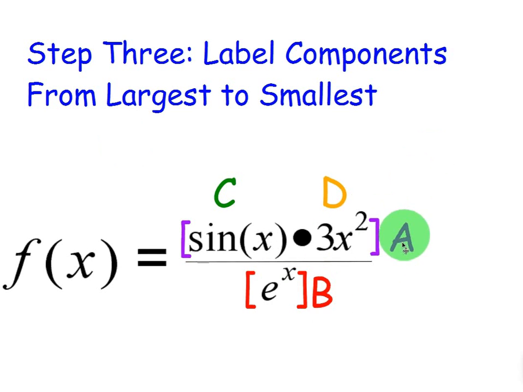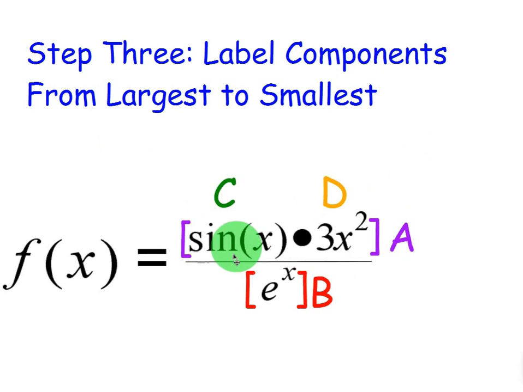A has two components, okay? So since I've labeled this b, I'll label the smaller components c and d. So I start with the larger components of my function and go to the smaller ones. The smaller ones come later in the alphabet. You're going to see how this works as we go through this derivative.